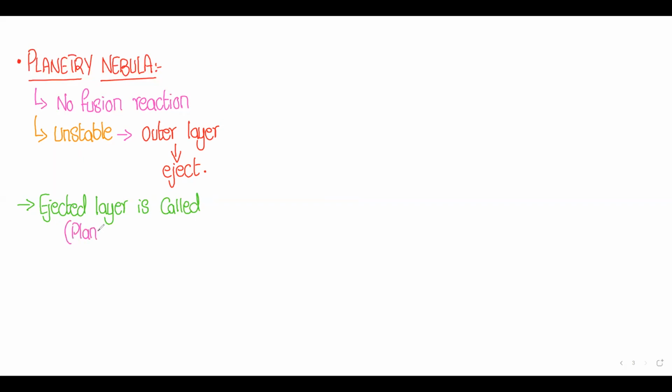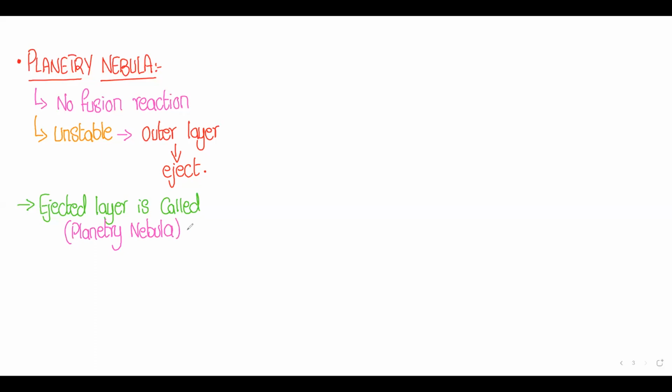Yeah. So basically, if someone asks what a planetary nebula is, we can say that when there is no fusion reaction in the star, the star will become unstable. Due to this instability, the outer layer of gas and dust is ejected from the surface, and that ejected layer is known as the planetary nebula, right?